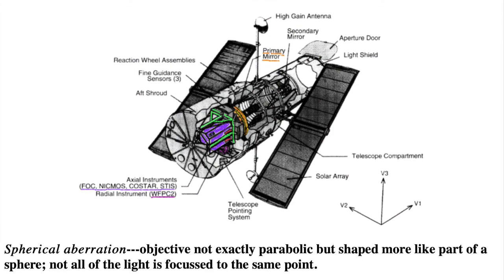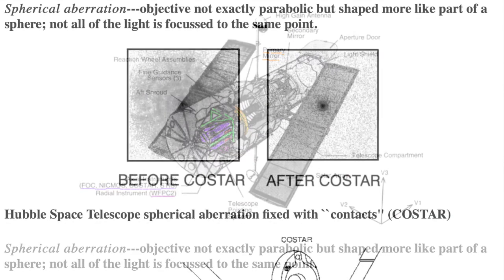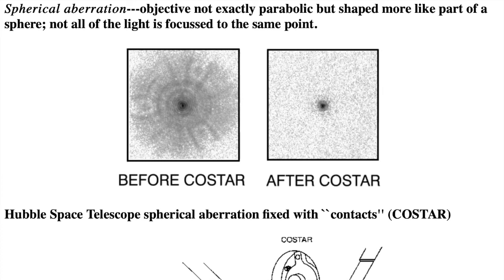Unfortunately, the primary mirror suffers from something called spherical aberration, which means the objective, the primary mirror, is not exactly parabolic but shaped more like a piece of a sphere, so not all the light is focused to the same point. This made the images fuzzier, blurrier than they should be. The primary mirror is flat by 2 microns, or about 1/50th the width of a human hair.